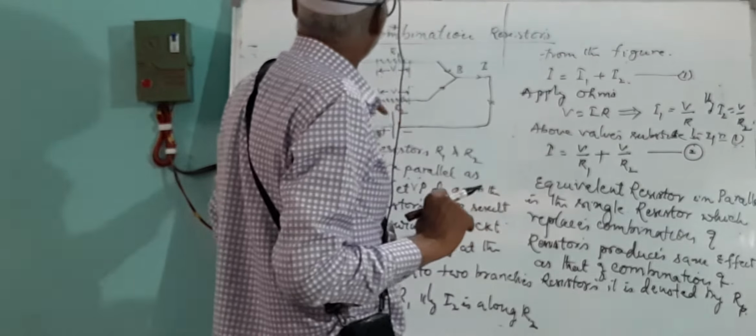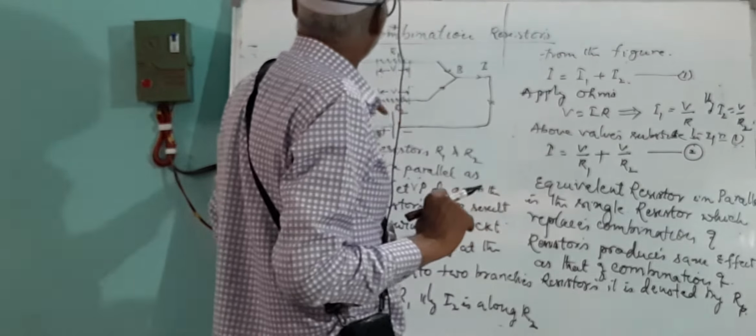Now from this explanation I can draw the equivalent circuit in parallel combination. This circuit you are calling the equivalent circuit, in this case in parallel. So this circuit is equivalent to this.